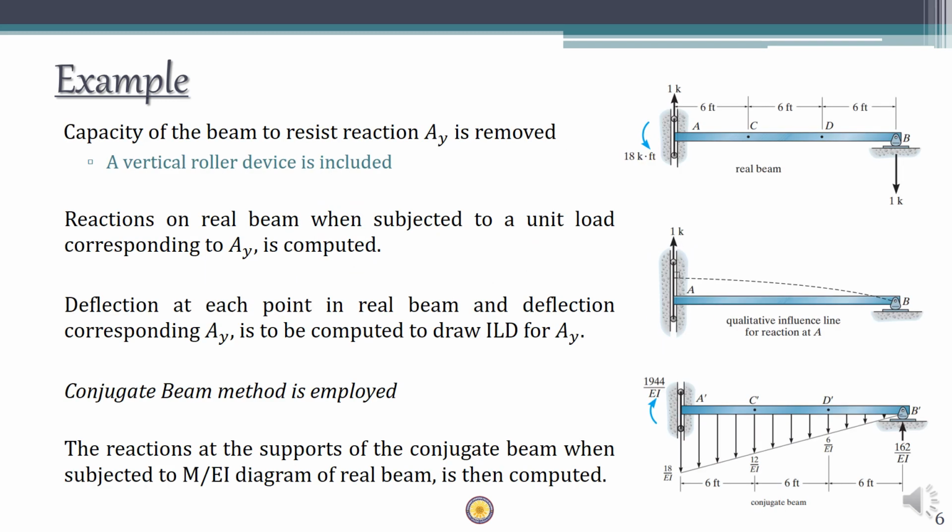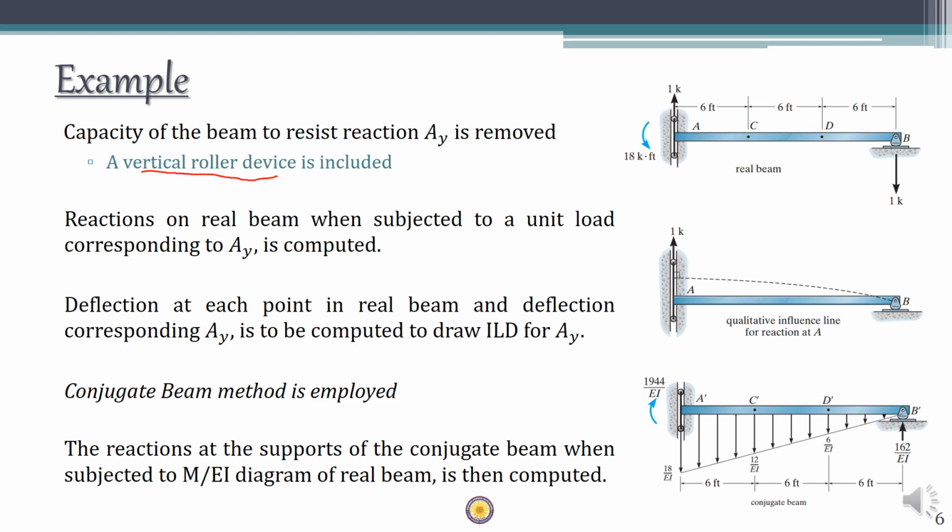So what we do is we remove the beam's capacity to resist AY, which means AY is free to move up and down. So we introduce a vertical roller at A, so it is possible to move up and down.